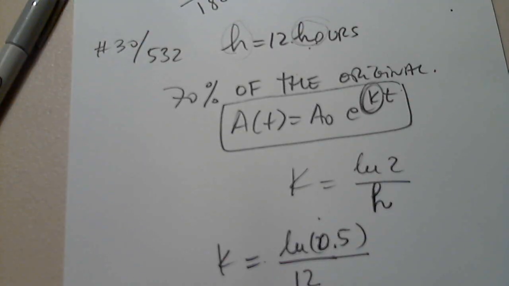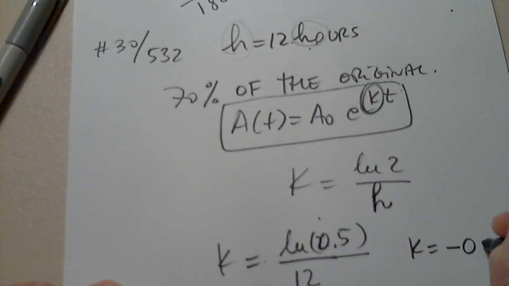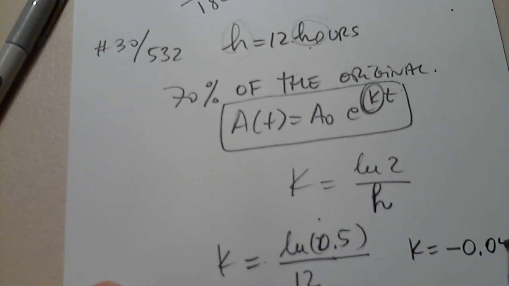Good. So we have natural log. Remember, the answer for the decay has to be a negative number. So divided by 12, and always take 4 decimal digits, negative 0.0577, but the next digit 5 is 6, so that's why it's 0.0578.